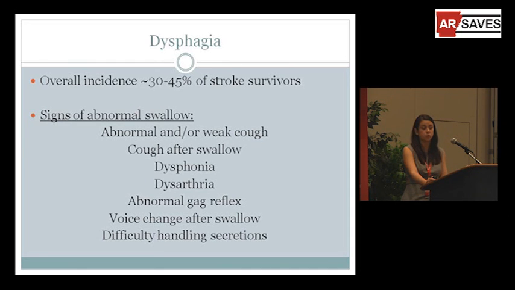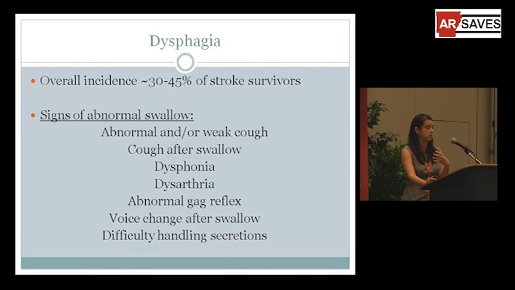Signs of an abnormal swallow are somebody who has an abnormal or weak cough or voice, somebody who coughs after they swallow, somebody who has dysphonia, a soft voice, or difficulty speaking, some kind of dysarthria or slurred speech, somebody with an abnormal gag reflex, or somebody who has voice changes after they swallow, so a wet quality to their voice after they take a sip of water, and somebody who has difficulty handling secretions, unable to manage their saliva.